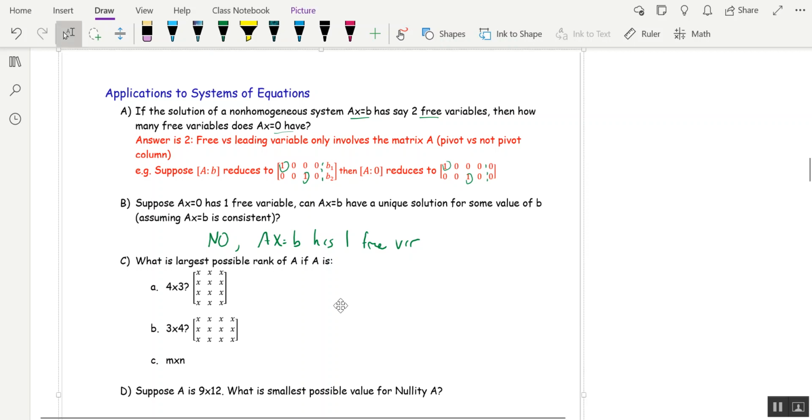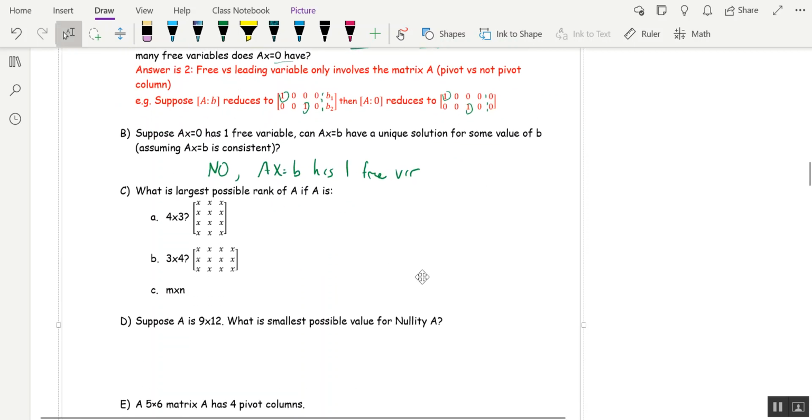Okay, what's the largest possible rank of A if A is 4 by 3? Well, rank is the dimension of the column space. If there's only 3 columns, the largest the rank could be is 3. What if A is 3 by 4? Well, you might say the largest the rank could be is 4 because there are 4 columns.